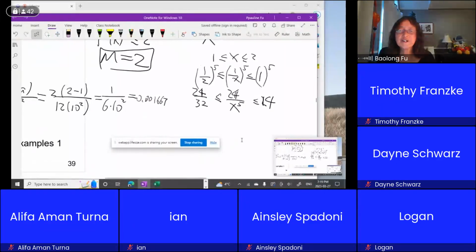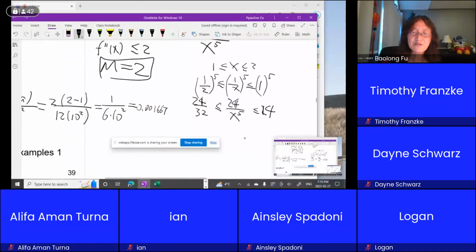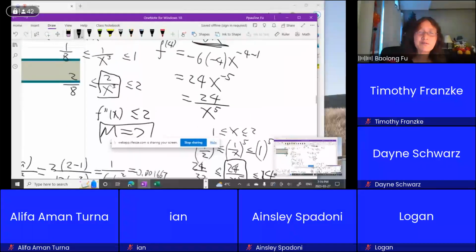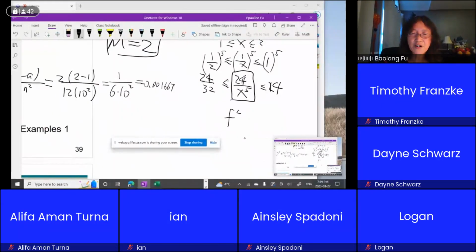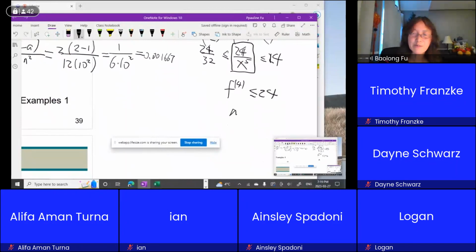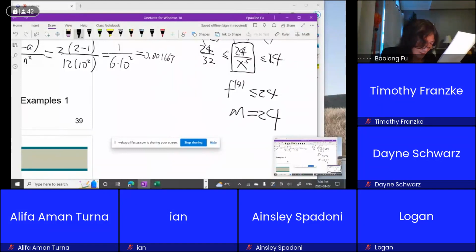The inequality still holds true if you multiply by a positive number. What is this? This happens to be our fourth derivative. So we found the fourth derivative is smaller than or equal to 24. So our capital M is 24. Any questions?